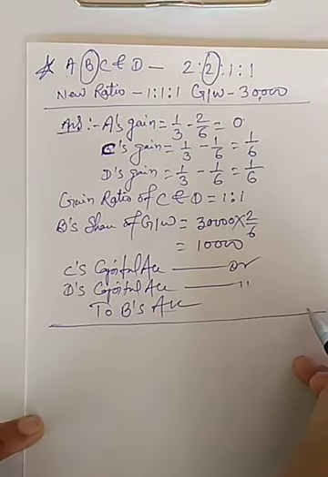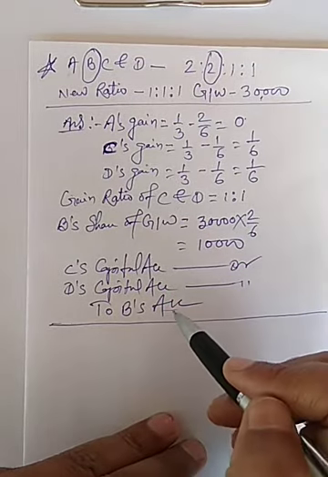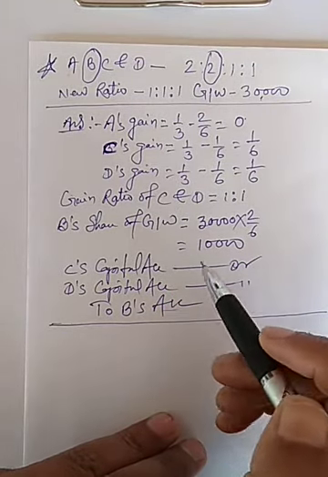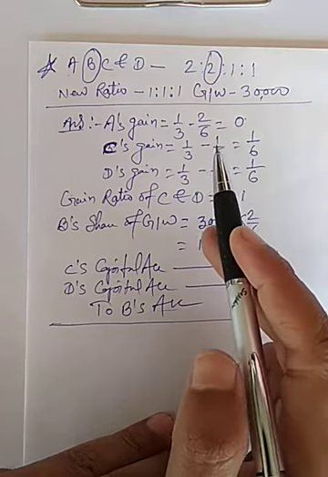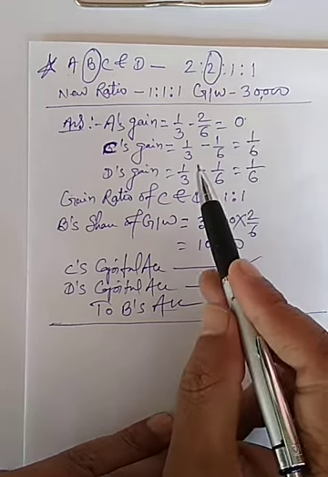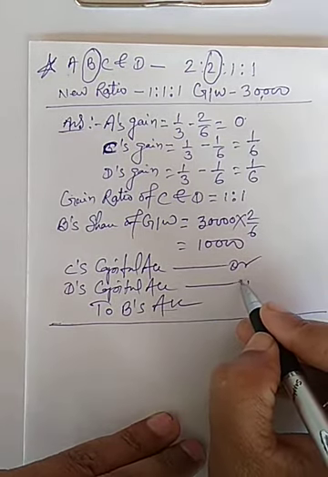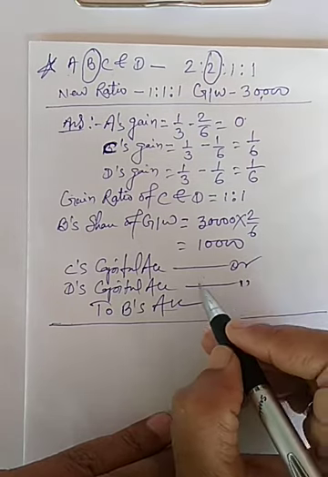A will not be involved in the journal entry because A has neither sacrificed nor gained, so it will not come in the journal entry.